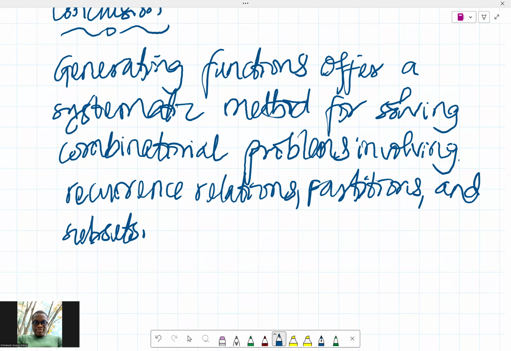With this, we can solve problems involving the Fibonacci sequence and Catalan numbers with confidence and clarity.